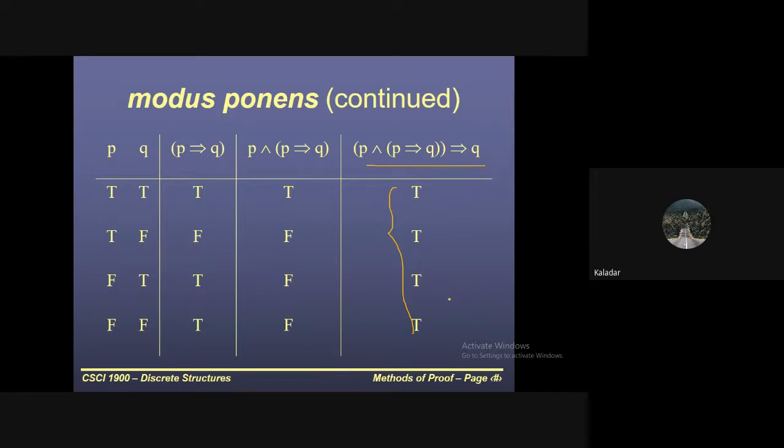Sir, this is like mathematical induction. P could be the base case, Q could be the repetitive case. When the base case is true... Very good observation. That is absolutely correct. We will see that mathematical induction today itself, and how we can link this to that.